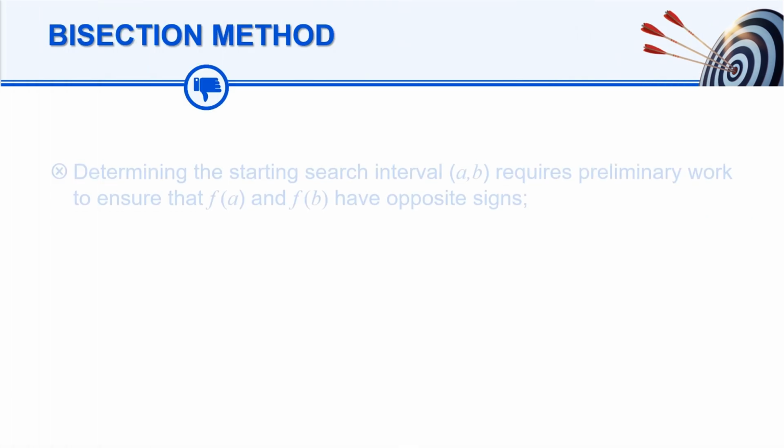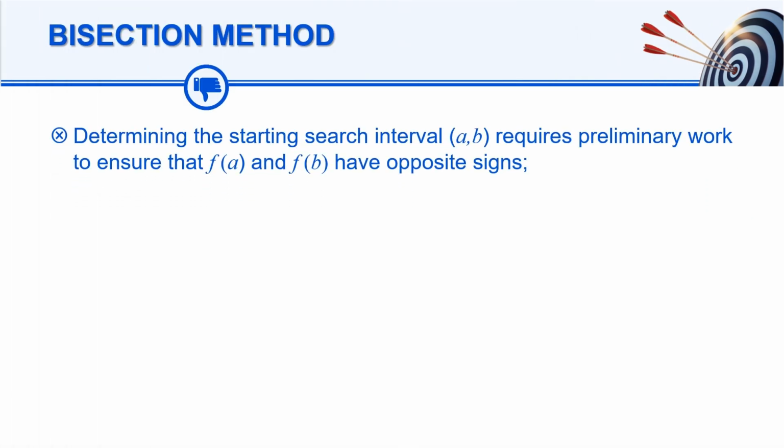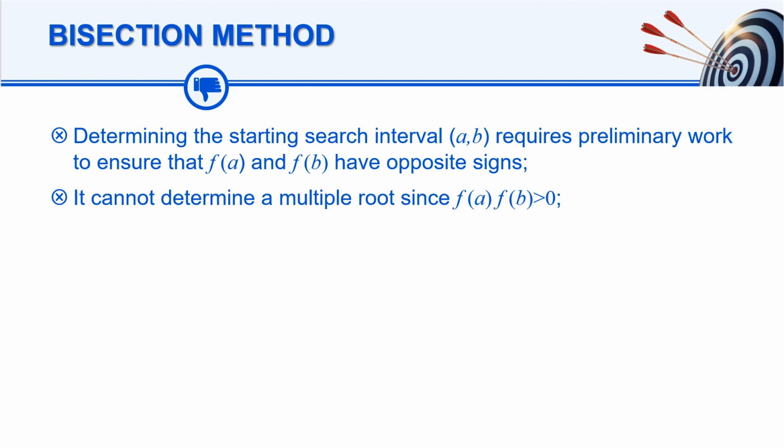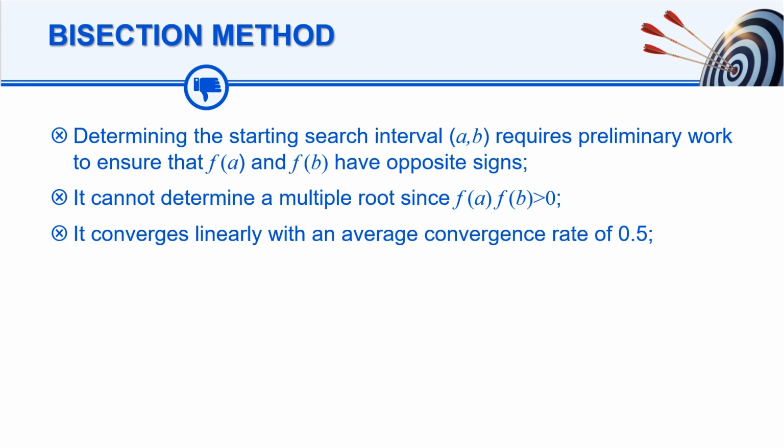On the other hand, the method has some disadvantages as well. Determining the starting search interval requires preliminary work to ensure that FA and FB have opposite signs. It cannot determine a multiple root since FA times FB is positive. It converges linearly with an average convergence rate of 0.5.